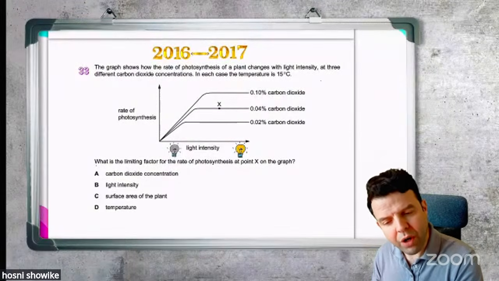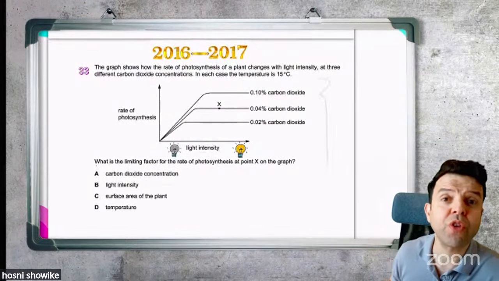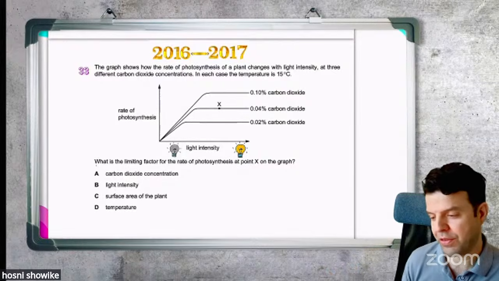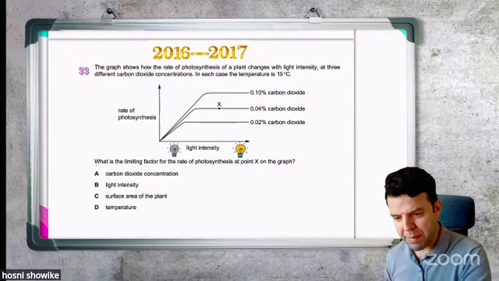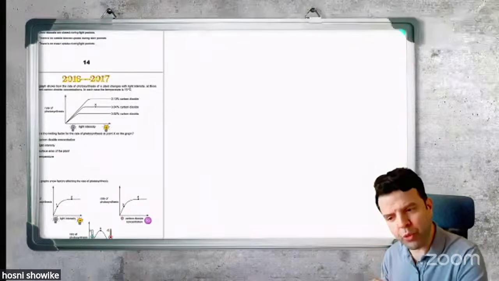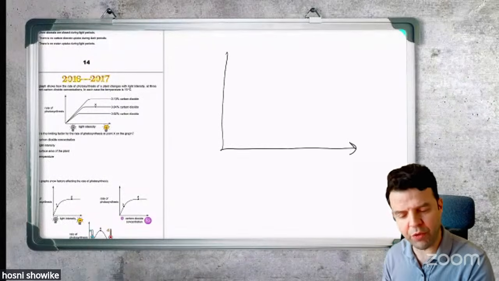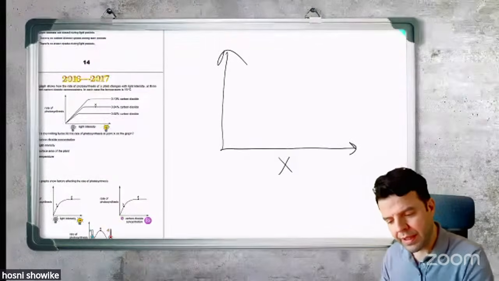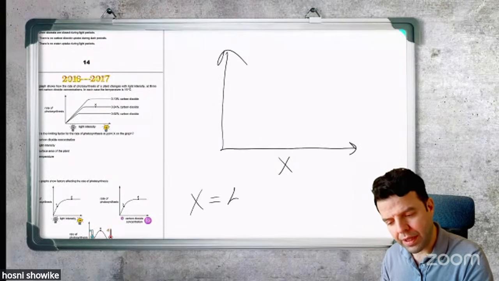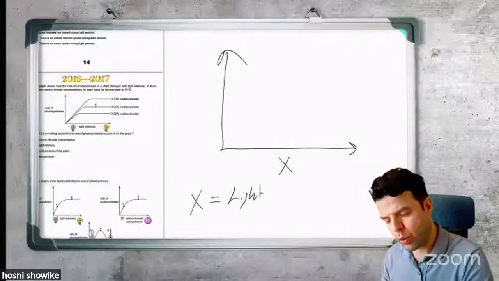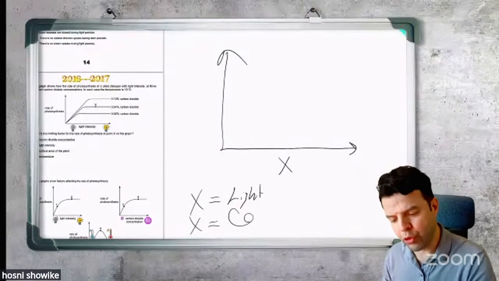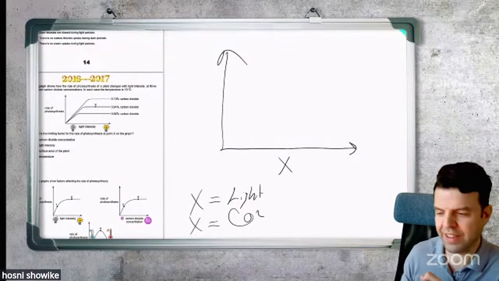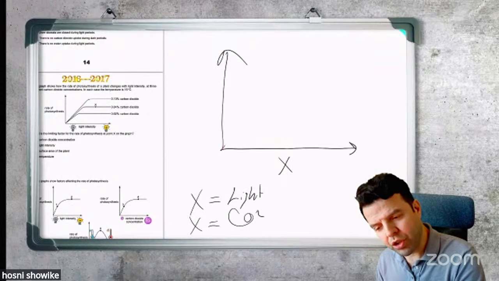Questions like this are also very important. The questions about limiting factors of photosynthesis. Let me just brief you on how these questions are asked. They give you a graph like this. You have a factor at X. X could be light or CO2 concentration, okay? And the graph is always going to look something like this.